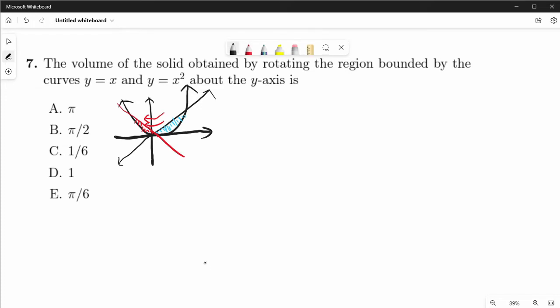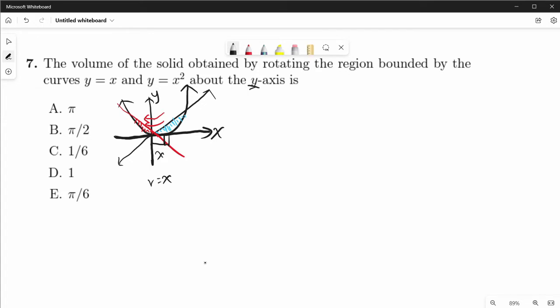Right, so we can see that if we use cylindrical shells, since it's about the y-axis, the radius of the cylindrical shells is just how far away it is from the center, which is the y-axis, right? And that is just x. Whatever that radius at that point is just x.